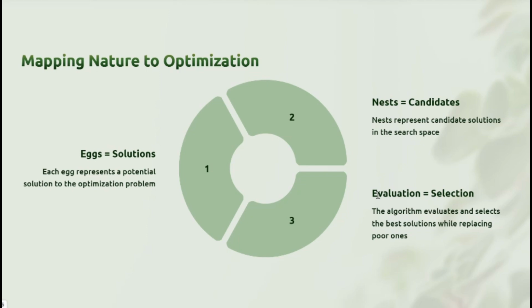And the third and final rule is that the number of available host eggs is fixed, and the egg laid by the cuckoo is discovered by the host bird with a probability. Discovery operates on some set of worst nests, and discovered solutions are dumped from further calculations.